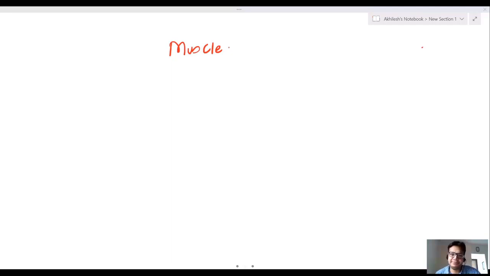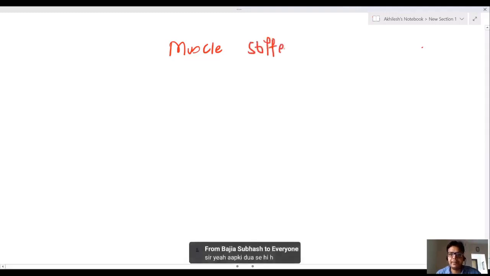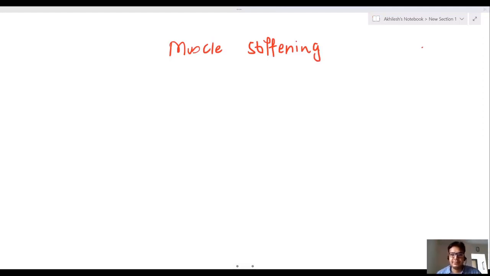Muscle stiffening. Now after that we have some muscle stiffening. What are the names of muscle stiffening? First, heat stiffening.